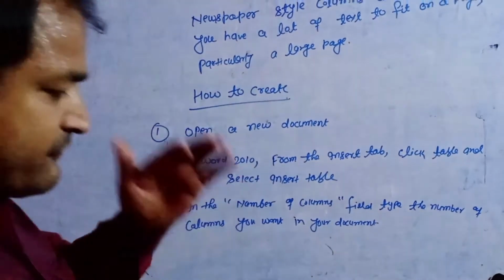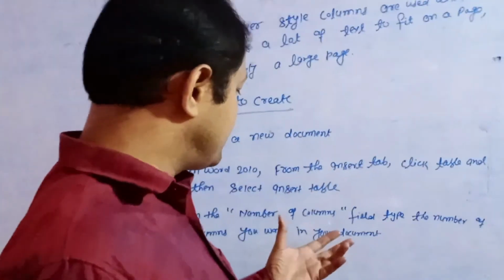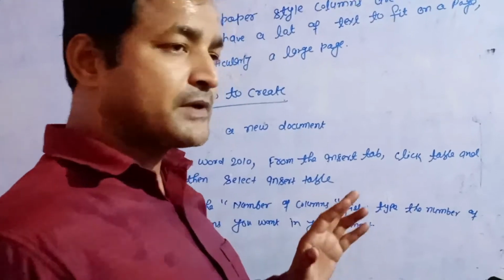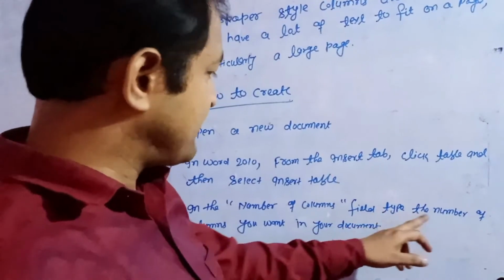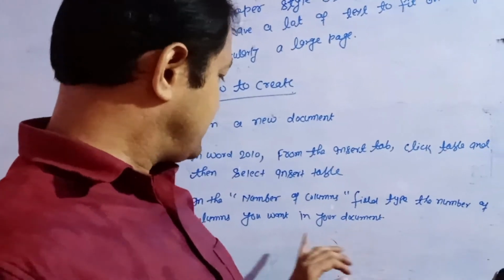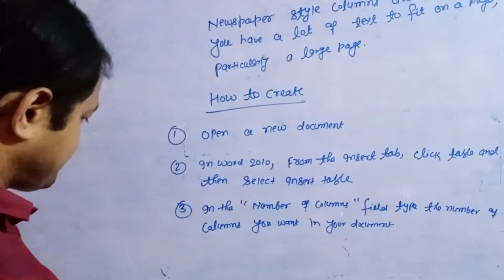In the number of columns field, select the number of columns you want in your document.